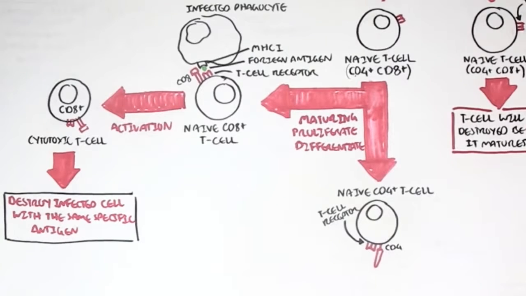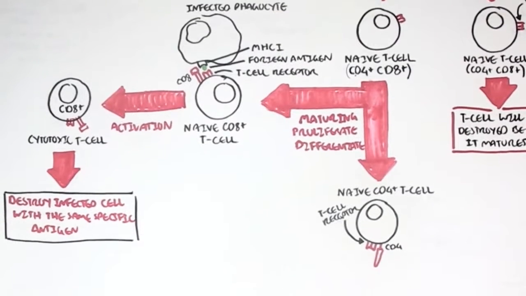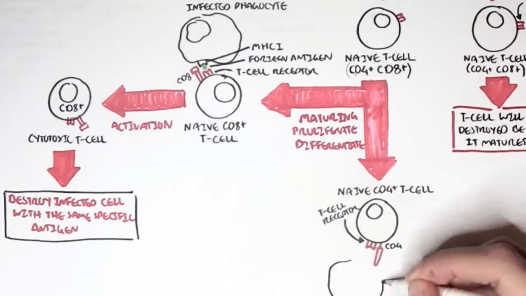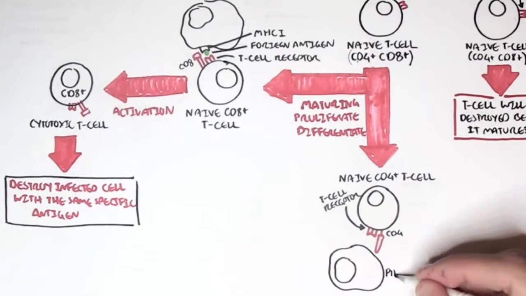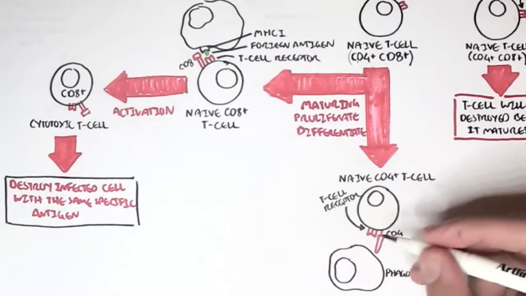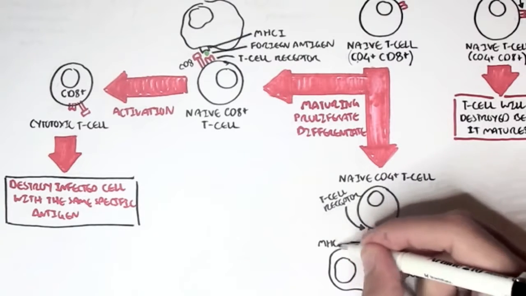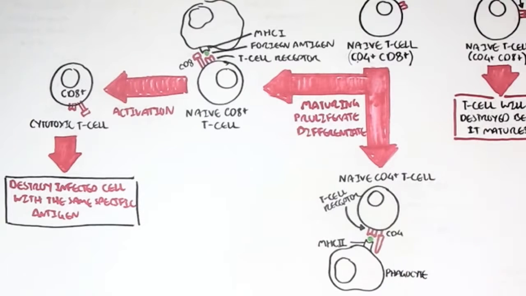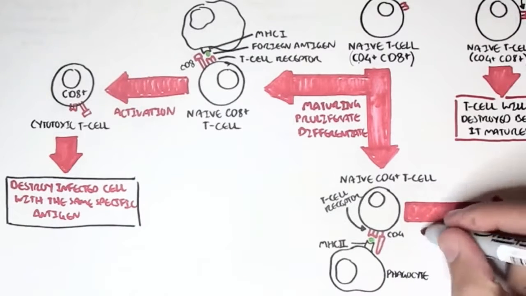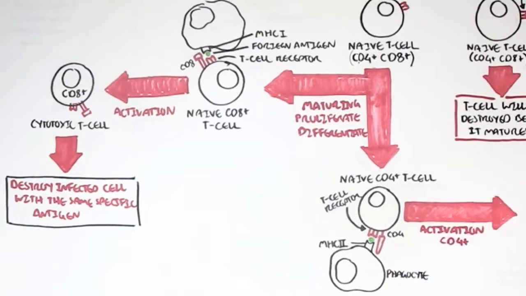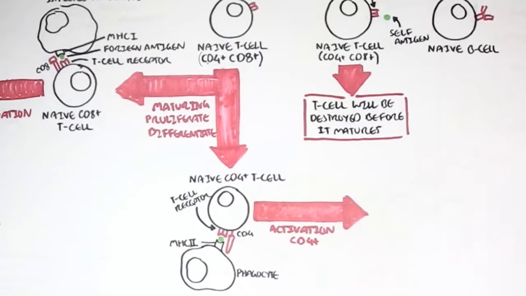So what about naive CD4 T cells? Well, a naive CD4 T cell will become activated when a non-infected antigen presenting cell, such as this phagocyte, presents a foreign antigen on an MHC class 2, a major histocompatibility complex class 2. This naive CD4 T cell only recognizes a specific foreign antigen. And when it matches, it will become activated through this MHC class 2.